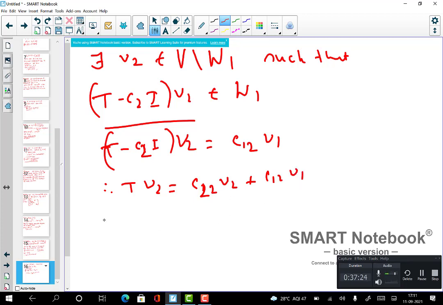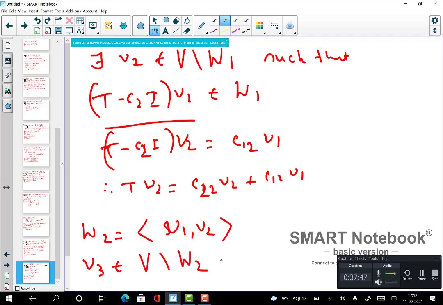And so on, then you continue this process. The next thing, you choose W2, which is the vector space spanned by v1 and v2. And you choose v3, which is outside, in V minus W2. Now you can do the same process, and because V is a finite dimensional vector space, this process will stop somewhere.